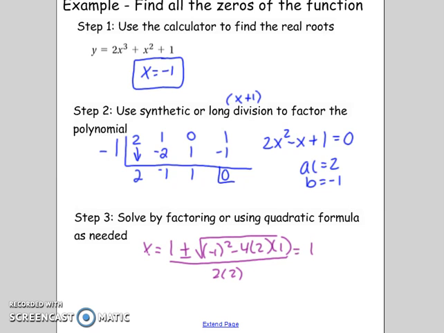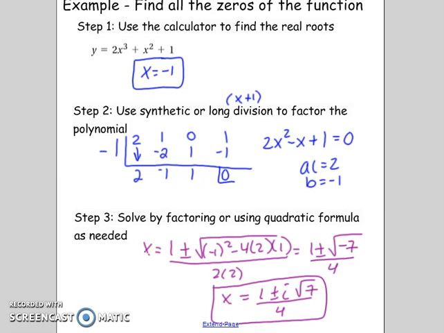If we simplify the inside, I get 1 minus 8, so negative 7 over 4. Then I can take out my i: i radical 7 over 4.